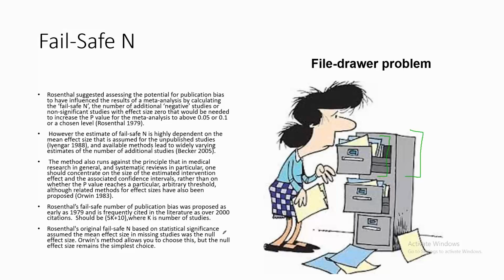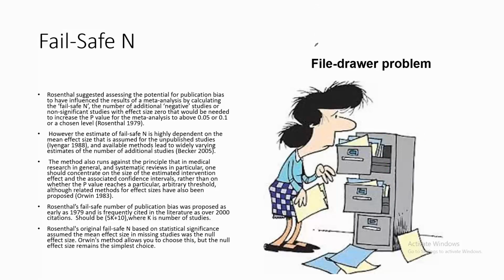But from that input data, the software will pull out the number of studies which you put into the drawer, those insignificant papers which you should have taken for meta-analysis but did not.